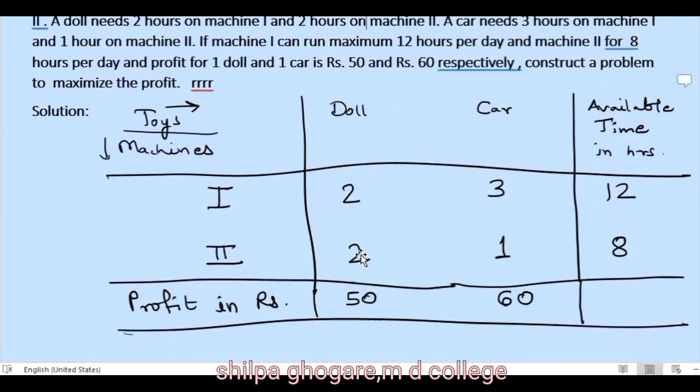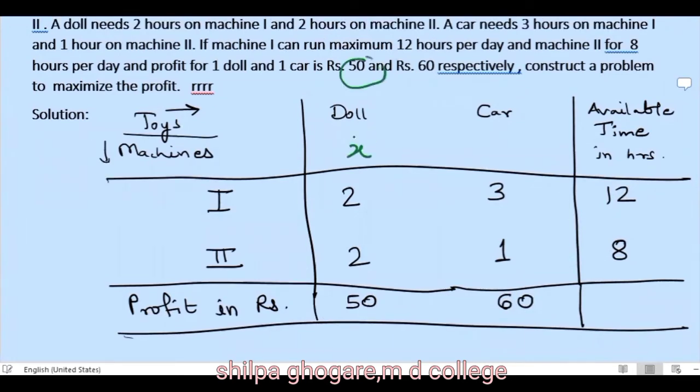And similarly, the time required to produce one doll and one car in machine 2 are 2 hours and 1 hour. The available time for both the machines is here in hours, 12 hours for machine 1 and 8 hours for machine 2. And the profit per one doll is 50 rupees and per car is 60 rupees. This is written over here.